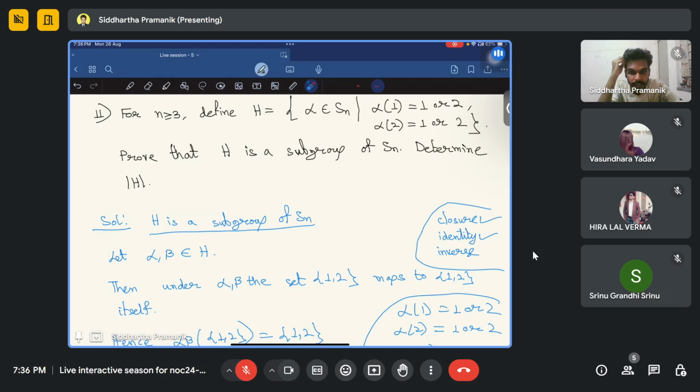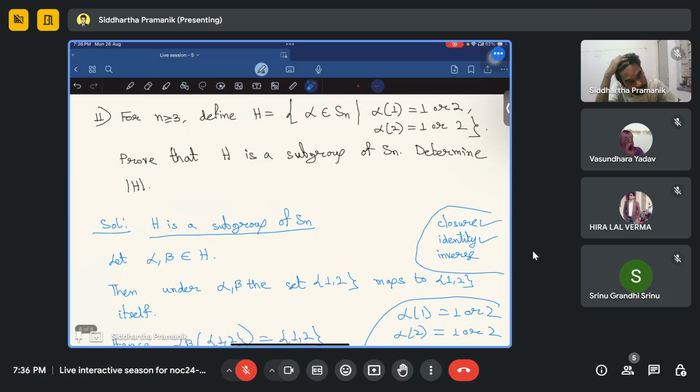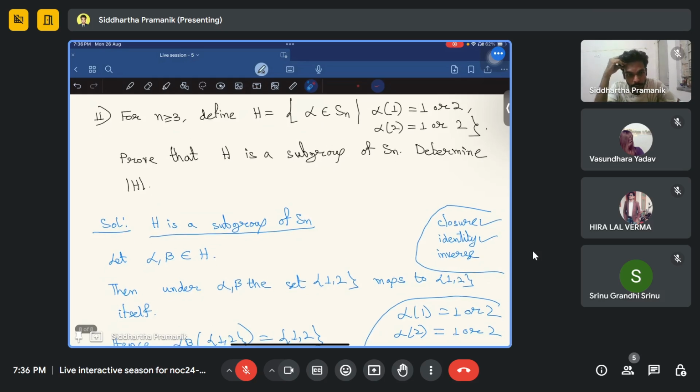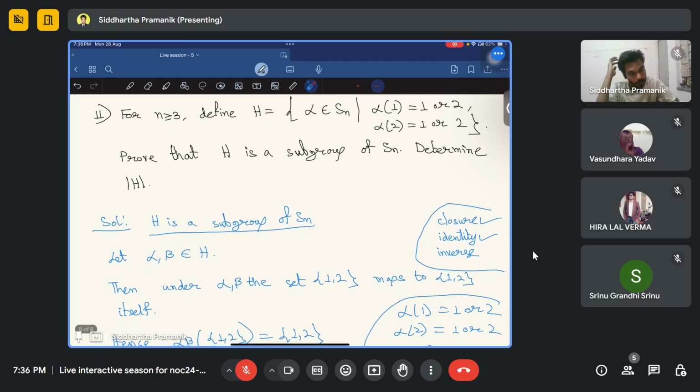Yeah, anybody has any answer or any idea how to find the order of H? You can unmute yourself and speak. Or if you have any doubts so far, then you can ask.